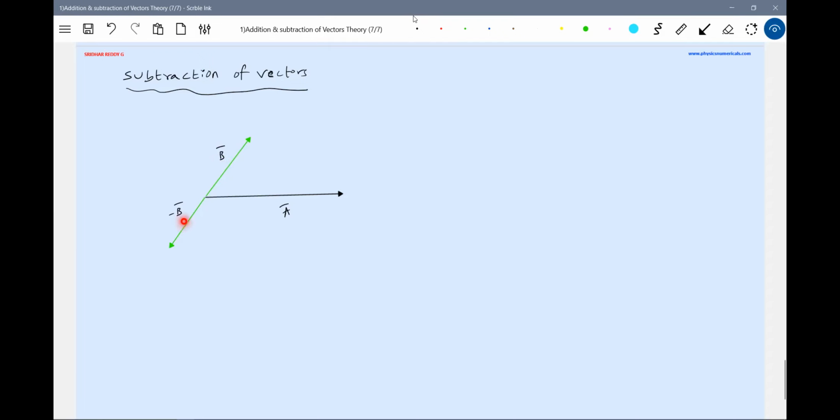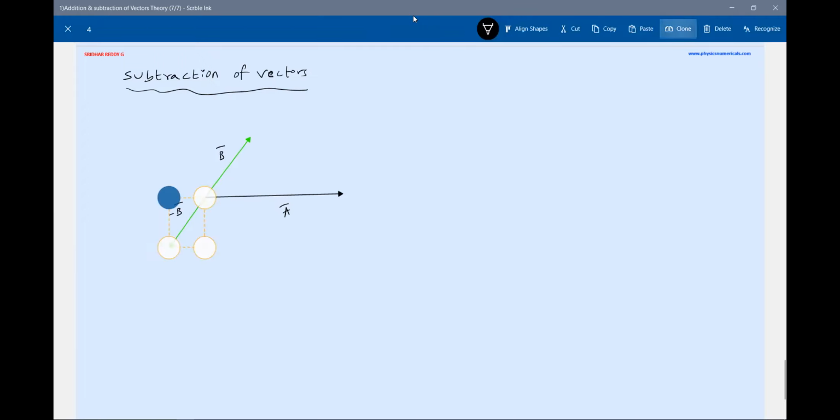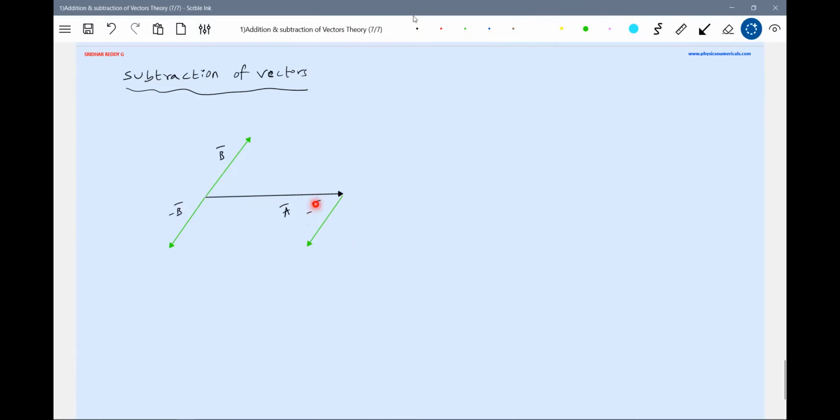This minus b bar, I'm going to shift it. So the resultant a bar minus b bar is needed. So the a bar minus b bar vector will come like this. This is the resultant.